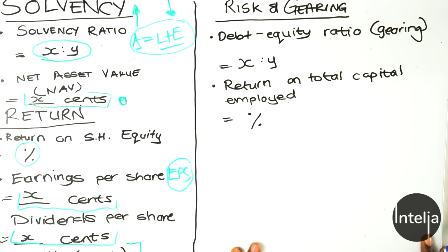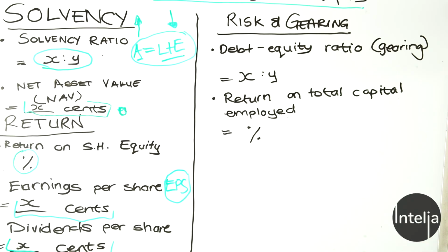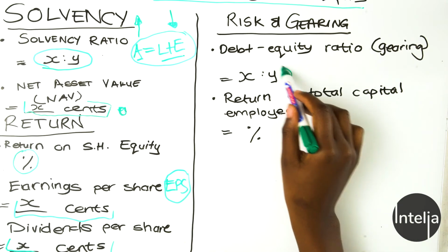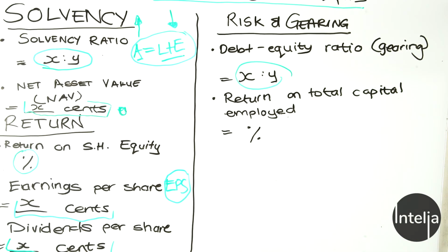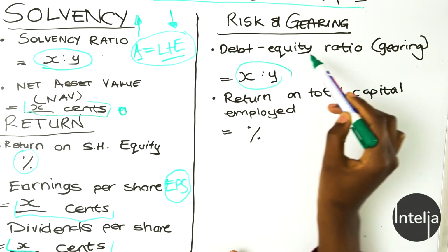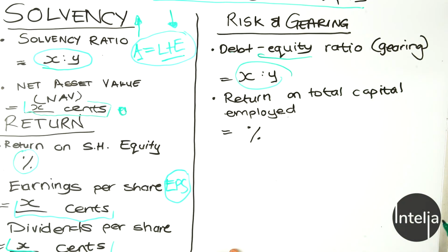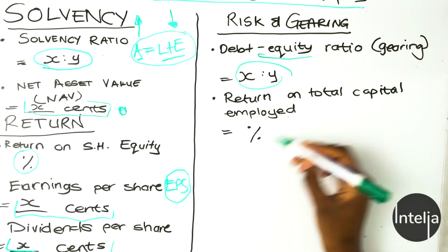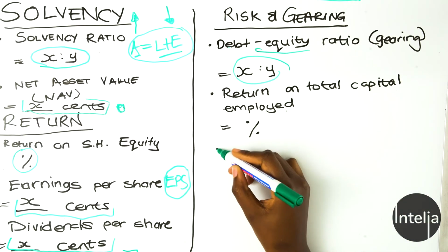Then the next ratio we should look into is risk and gearing, right? Risk and gearing is divided into two ratios, and you know ratios are put in the form x is to y, right? The first one we're going to look into is the debt equity ratio, and this is a gearing ratio. It provides insight into the capital structure of the business.